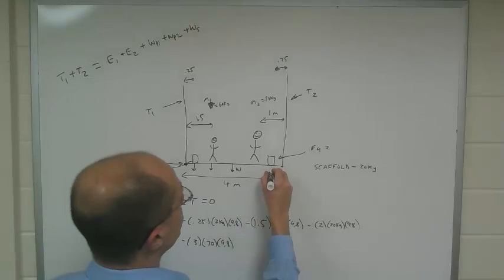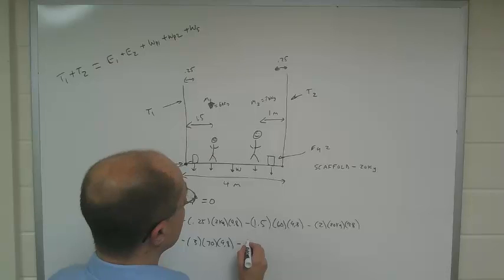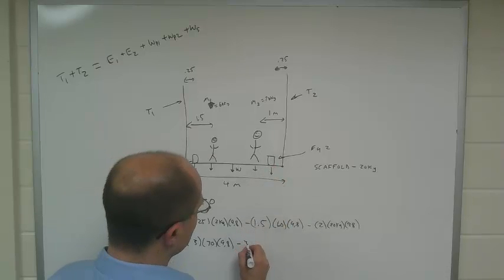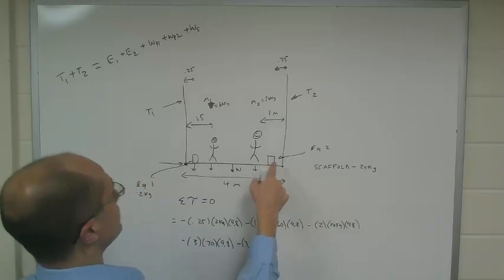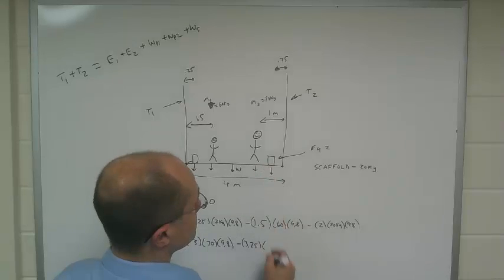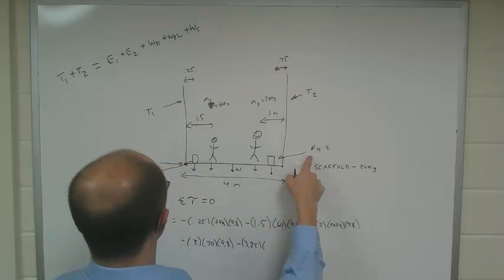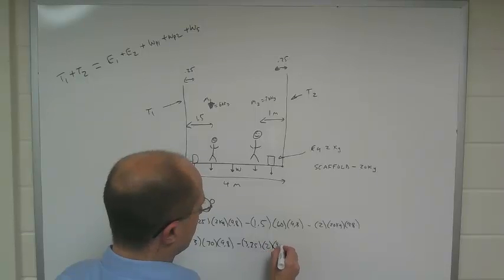Then we have this weight. It too is causing clockwise rotation. And this is 3.75 away, because if it's 0.25 from this end, it's 3.75 from the other end. Equipment 2 also weighs 2 kilograms, so that 2 goes there, and that's 9.8.